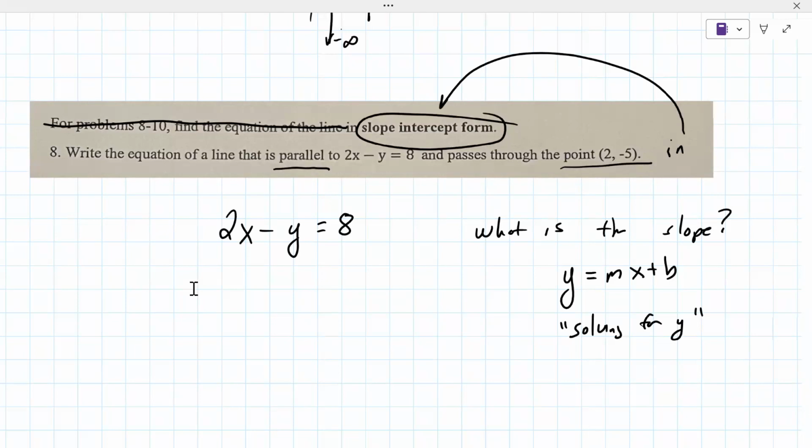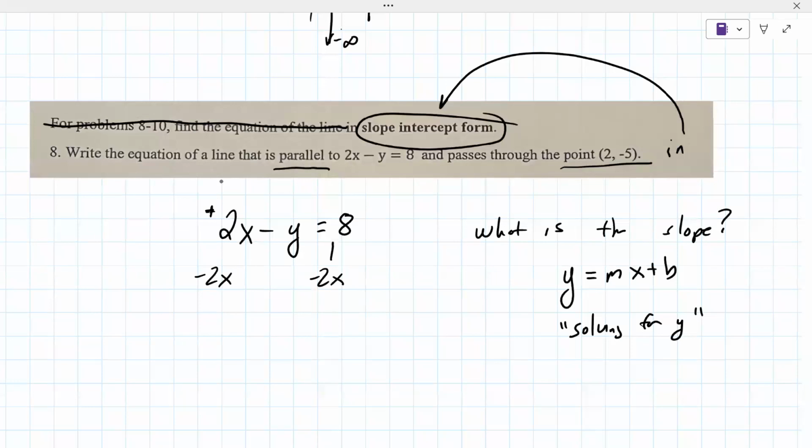I don't know. Okay, let's see. So to solve for y here, we're looking at the side with y, and we're going to undo the 2x. Is the 2x being added or subtracted? Subtracted. See if that adds it. The 2x actually has a plus in front, but it's not written. So you undo it by subtracting.